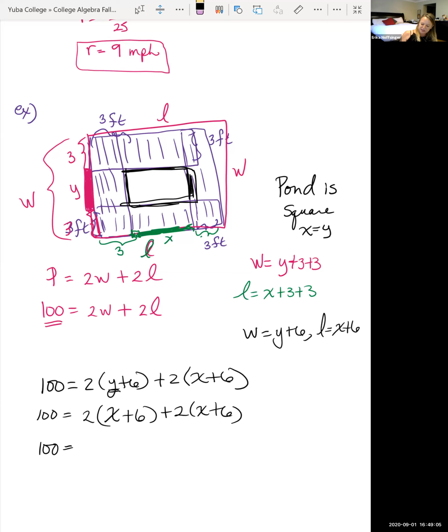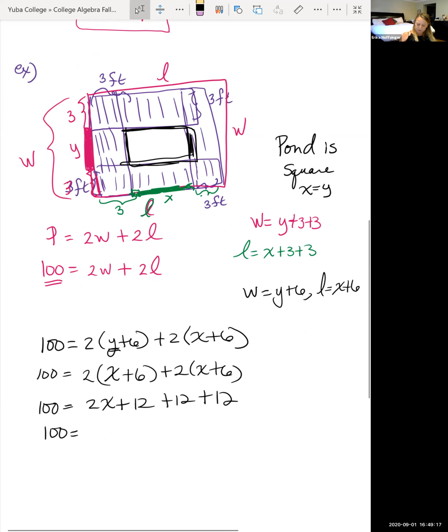So we have 100 is equal to 2x plus 12 plus 2x plus 12. Combine like terms on the one side. 2x plus 2x is 4x, and 12 plus 12 gives me plus 24.